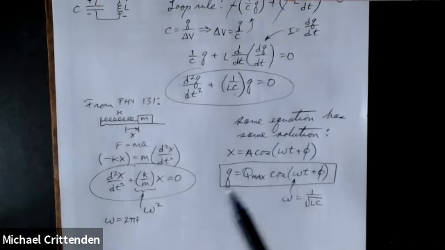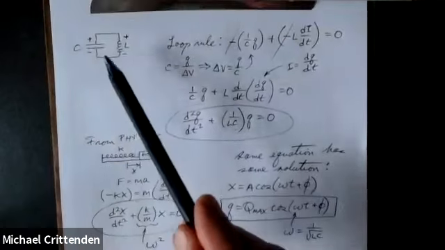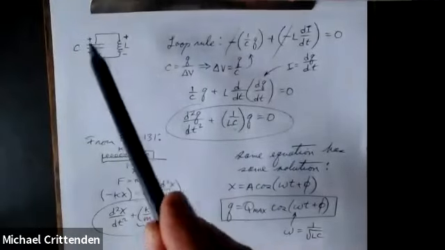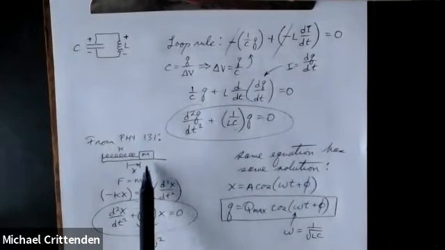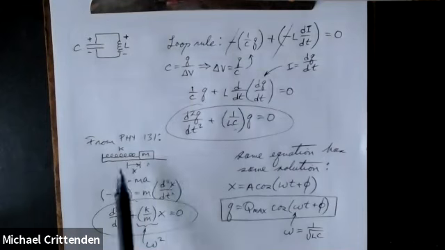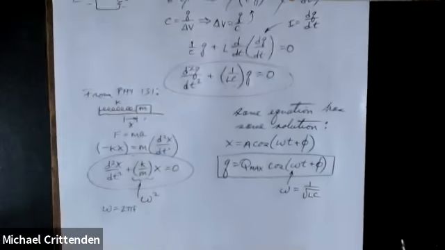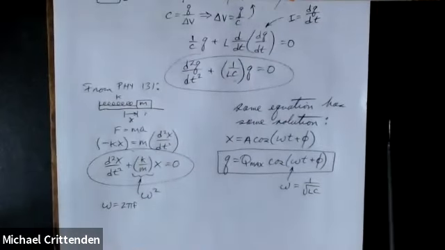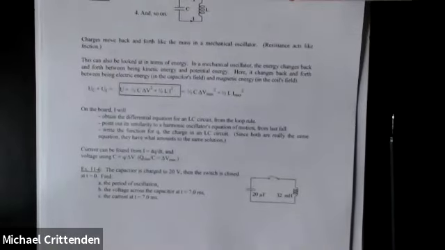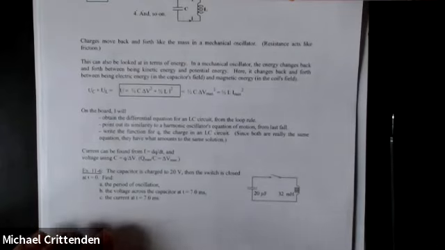The charge inside these wires goes back and forth over and over again, the same way this mass goes back and forth over and over again, and it's just the same thing. So like it says here, it's the same thing I said when I was talking about an RC circuit.